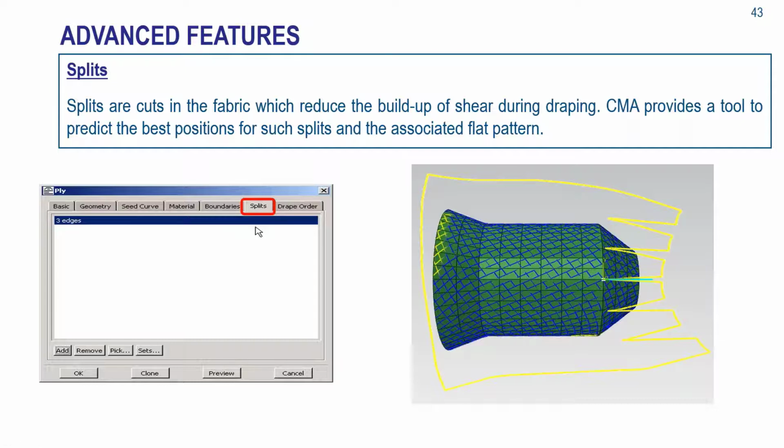Just one example here of some advanced features which will have something to say about the ultimate properties. You can imagine that if you have a more advanced or more complex shape of your product, if we try to drape a textile or a cloth around that, there is a risk that it will wrinkle and behave weirdly.